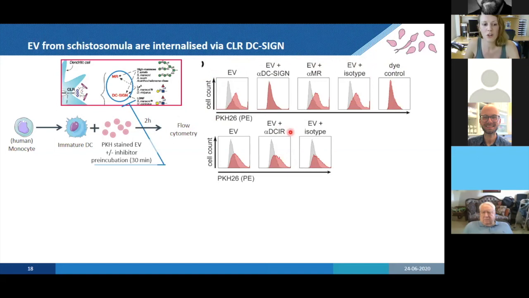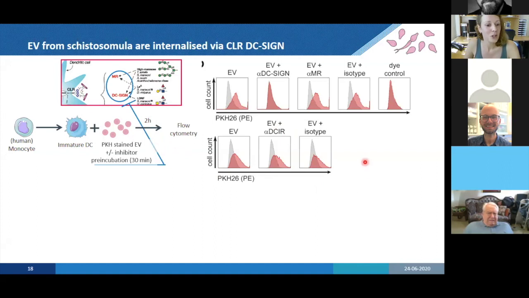We also took along DCIR, the dendritic cell immunoreceptor, which does not bind any of these ligands. It can recognize Lewis B and sulfo-Lewis A, but it has been shown that this receptor is able to bind some of the cercarial antigens, like in the ES. So that's why we took it along.